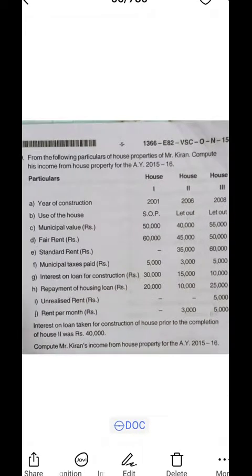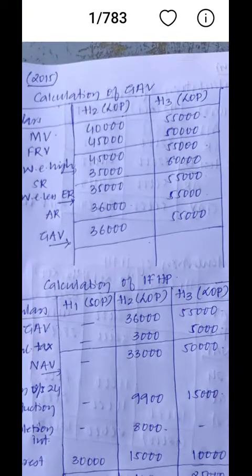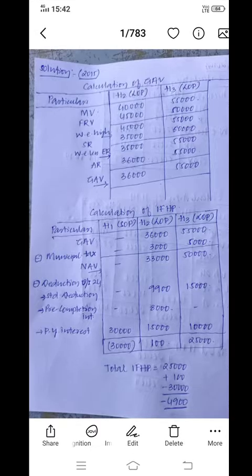Unrealized rent is there for house 3: 5,000, so 60,000 minus 5,000 is 55,000. Vacancy is not there, so 55,000 is the actual rent for house 3. Fine. So compare AR and ER.